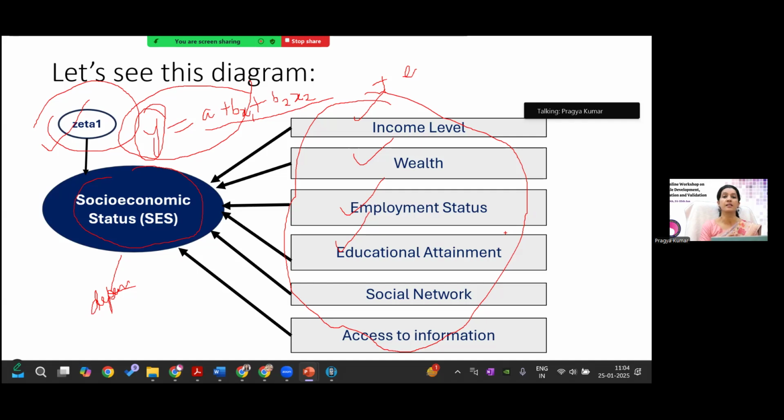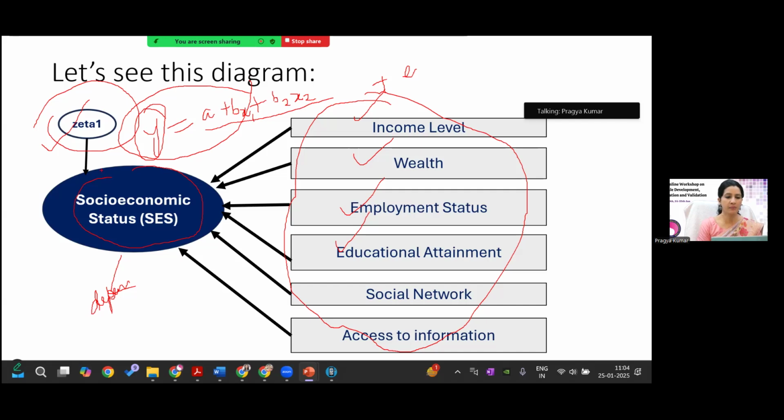Second, that's why I said we don't measure the error at the individual item level. I'm not talking about measurement level right now, but error will be there because socioeconomic status is a construct which I have drafted.